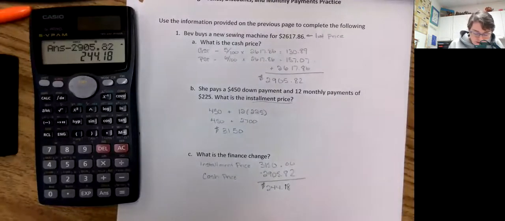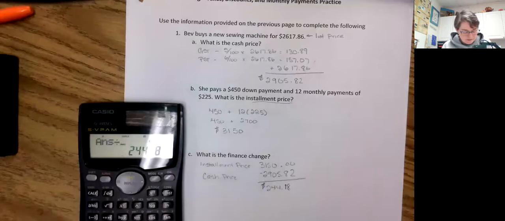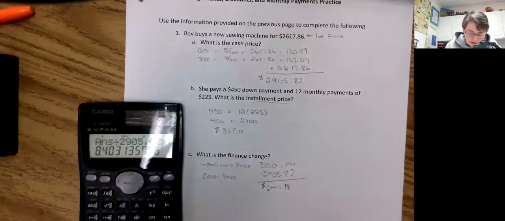So it cost us $244.18 out of 2905.82. Now we're going to go times 100. You do it all in one step. 8.4%.